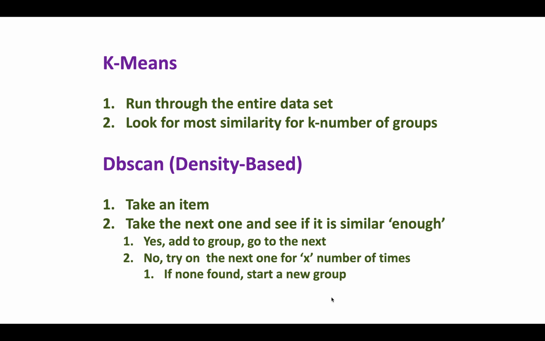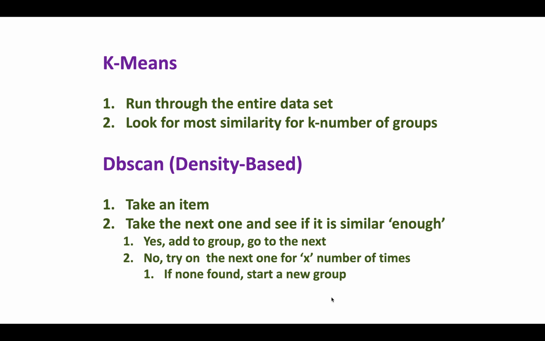Previously, we had a discussion around supervised learning, and we'll turn to unsupervised learning. So, basically, in unsupervised learning, there are two strategies. One is called k-means, which means you run through the entire data set and you look for the most similarity.